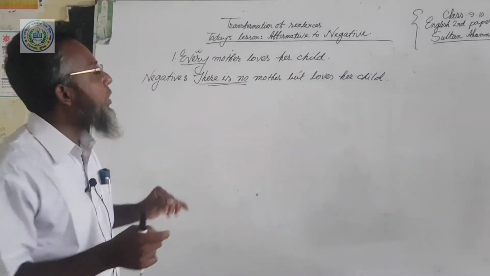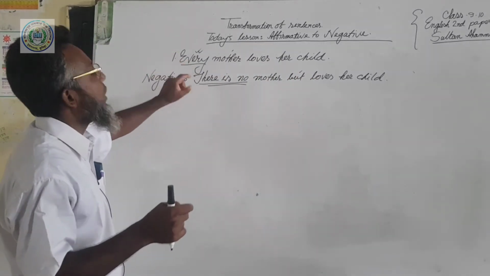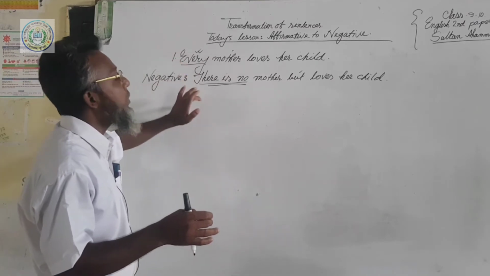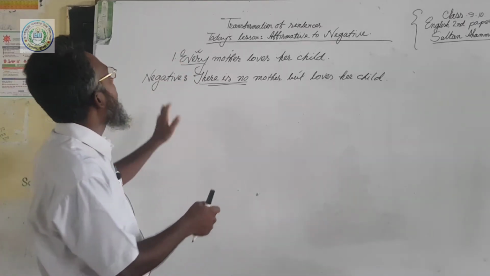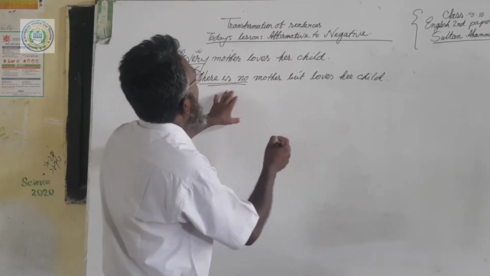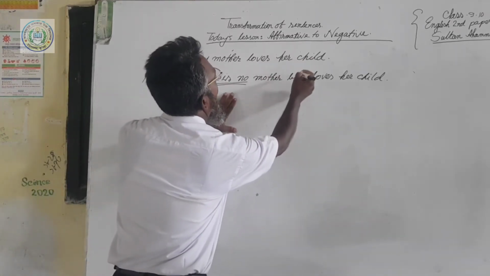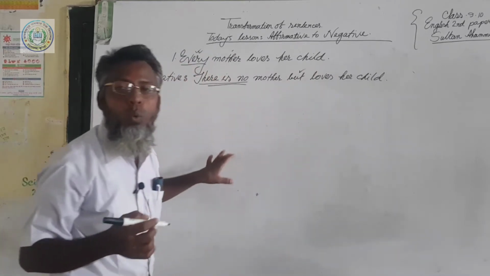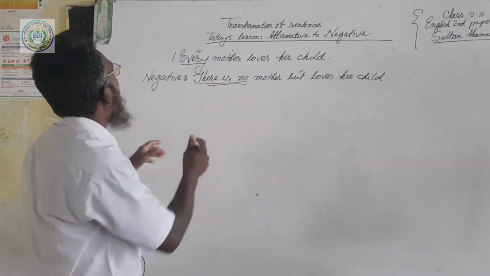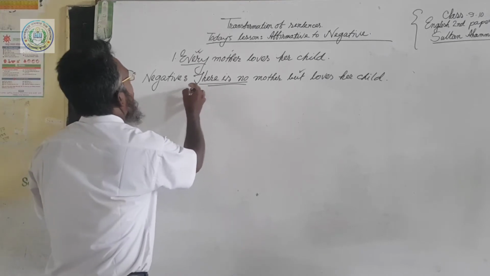This is one kind of technique. How can you transfer from affirmative to negative? On the other hand, I can use, without but, I can write here who. So follow here.